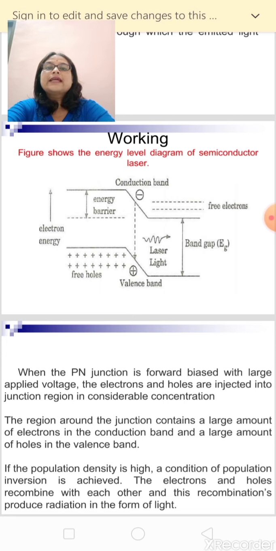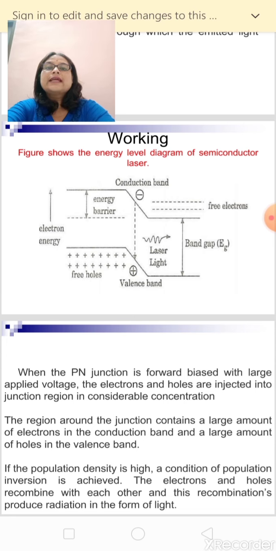The region around the junction contains a large amount of electrons in the conduction band and a large amount of holes in the valence band. If the population density is high, a condition of population inversion is achieved. The electrons and holes recombine with each other and the recombination produces radiation in the form of light.